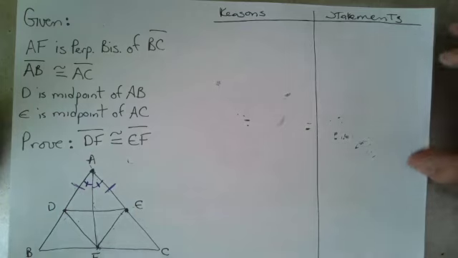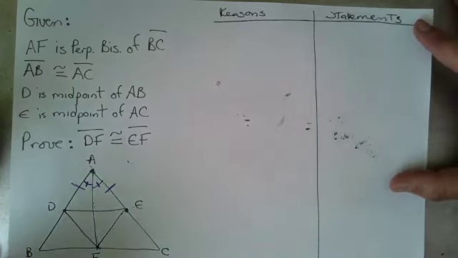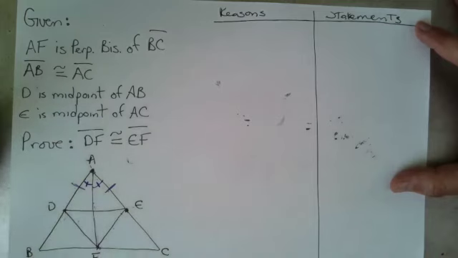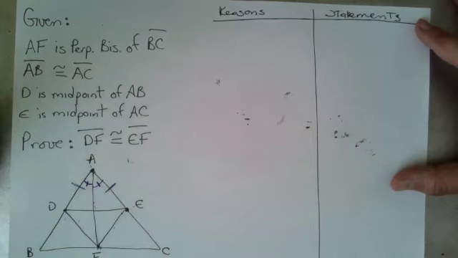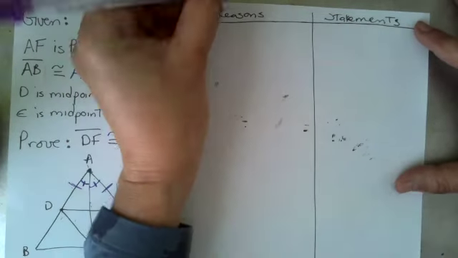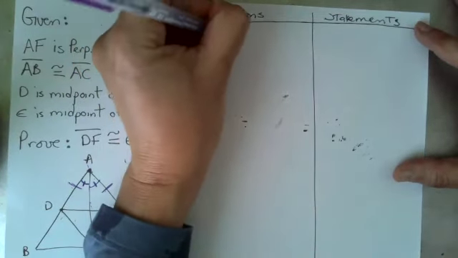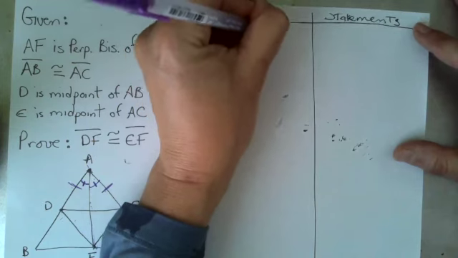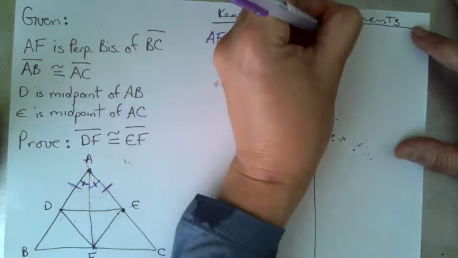All right, so the first thing we're going to do perhaps is prove that this triangle equals this triangle so that I can get those 2 angles by CPCTC. So I'm going to start by laying out that AF is the perp bisector, and that was a given.